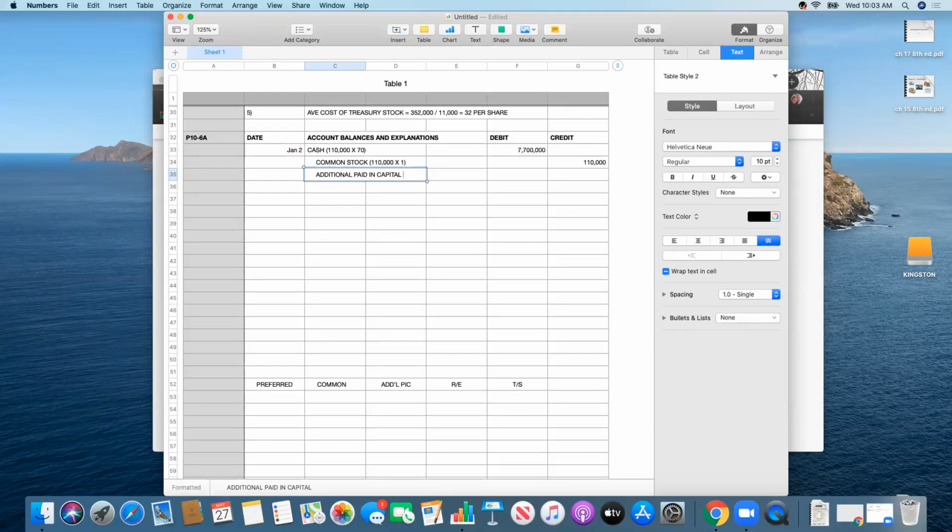Additional paid in capital would be for everything else. Now, if the stock is selling for 70 and the par value is $1, that means the additional paid in capital was what? $69 a share times 110,000 shares.